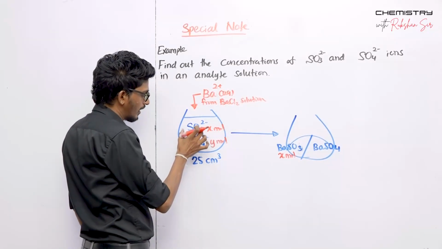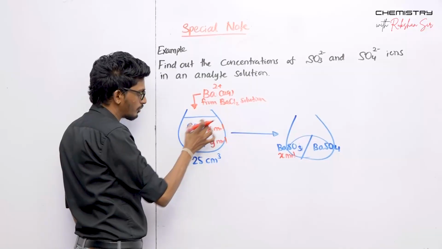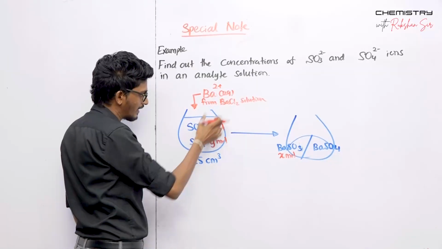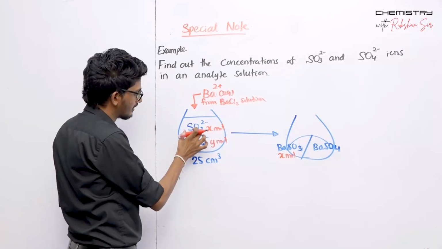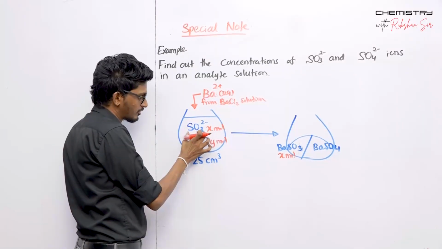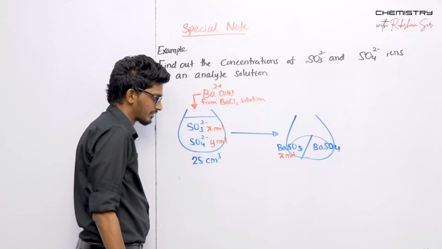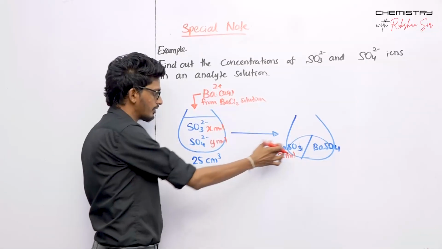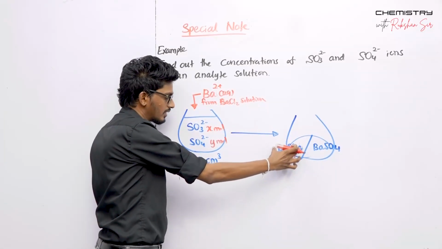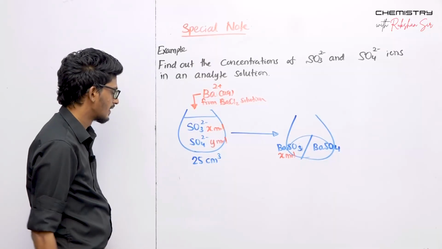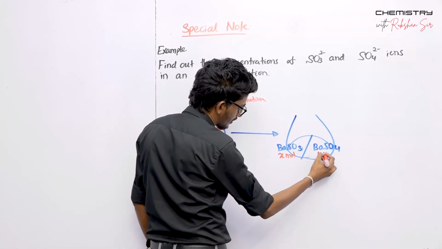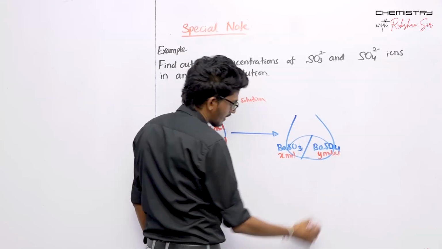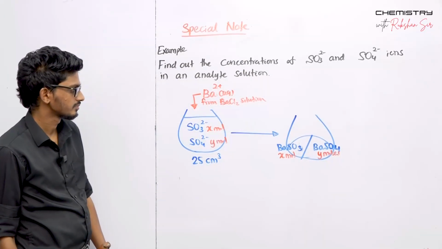Because you are not to get rid of SO3 2 minus ions from the flask, or you are not adding any SO4 2 minus to the flask. So the same amount of sulfite at the initial flask should appear at the final flask as well. So sulfite moles is x moles, so the barium sulfite amount should be x moles. So sulfate moles is y moles, so barium sulfate amount should be also y moles to conserve the mass, right?